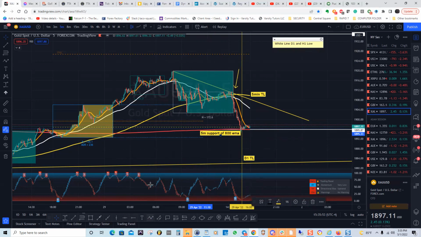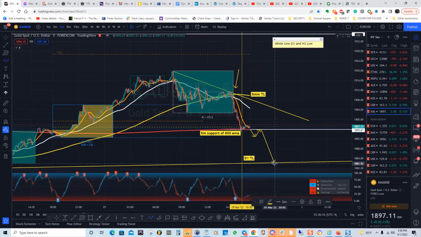If price comes down here, breaks this and retests this line, then I'm taking it down to the daily trend line. See that? Does that make sense?